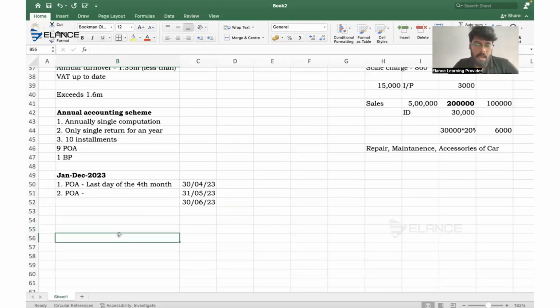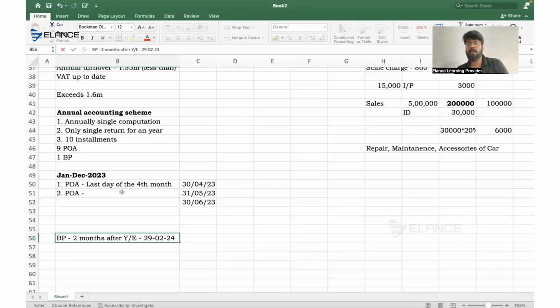The last balancing payment will be due 2 months after year end. Our year end is 31st December 2023, so 2 months after the year end, January, February, it will be 29th February 2024. That is the day I should make the balancing payment.